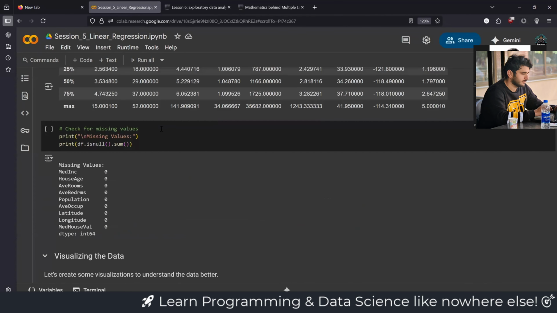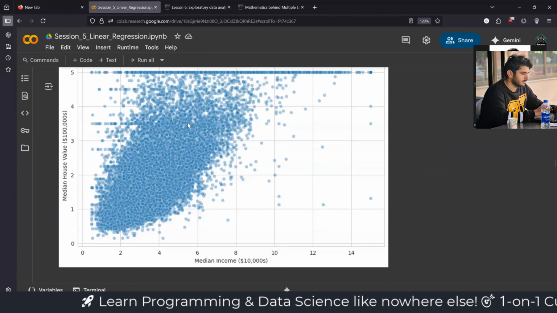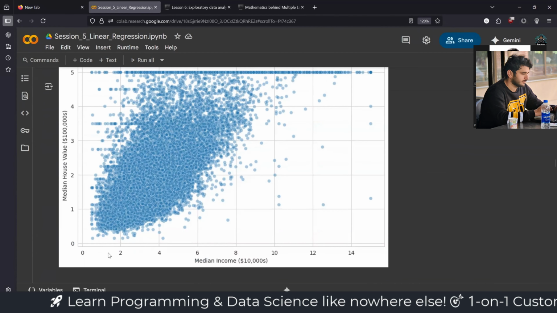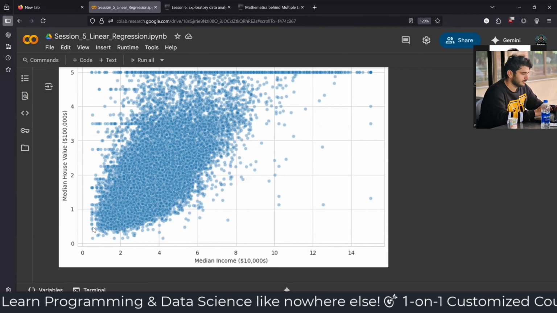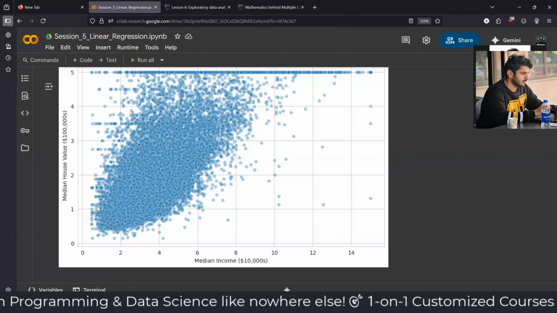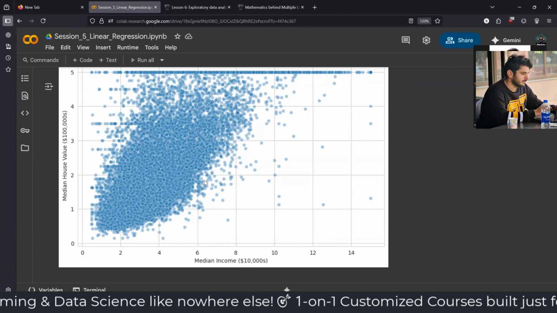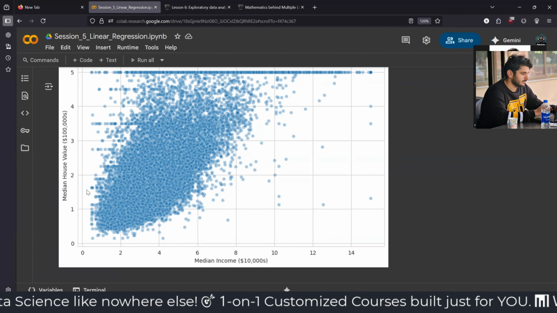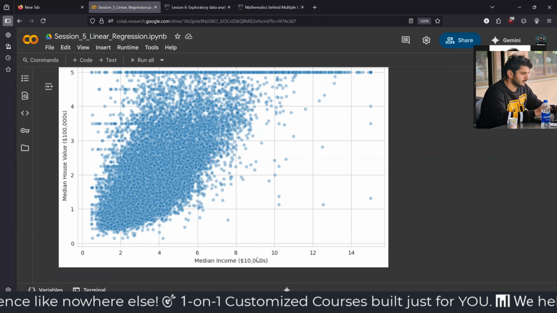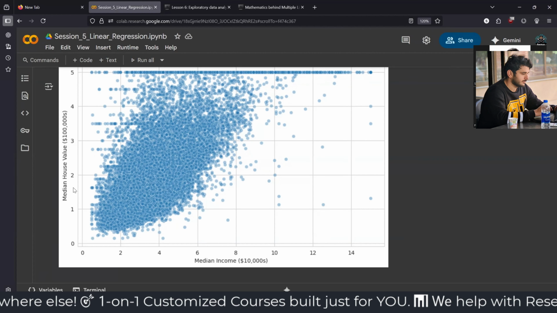But if we take a look at this plot, we can see a linear relationship here. Like with the increase of income, the house value is also increasing. So we are getting this kind of straight line. This can be upward, downward, or in any direction. But the thing is, we can see a clear relationship here that if we are increasing the income, we are also increasing the house value.